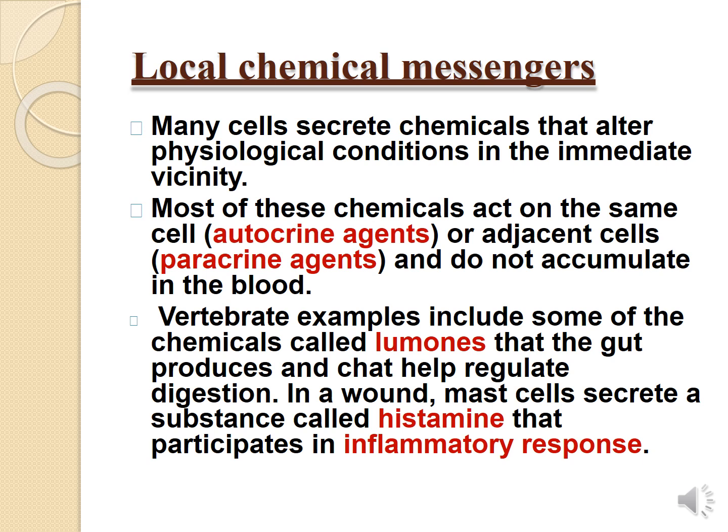Vertebrate examples include some chemicals called prostaglandins that the gut produces and that help regulate digestion. In a wound, mast cells secrete a substance called histamine that participates in the inflammatory response.